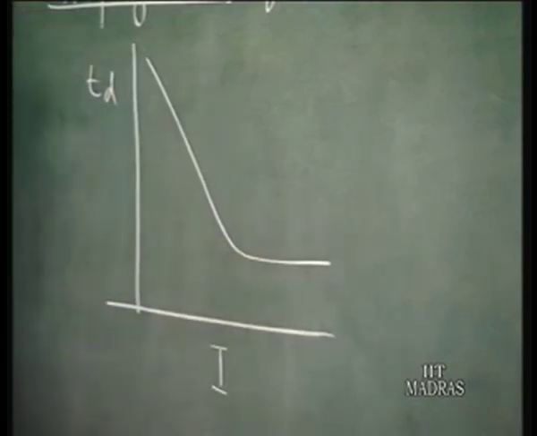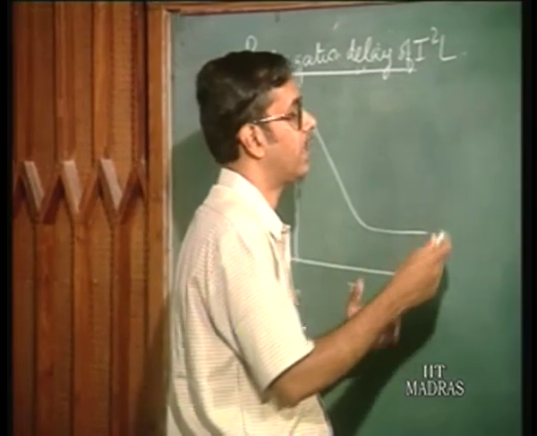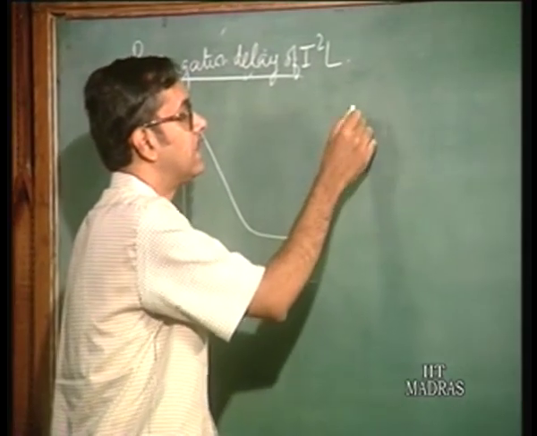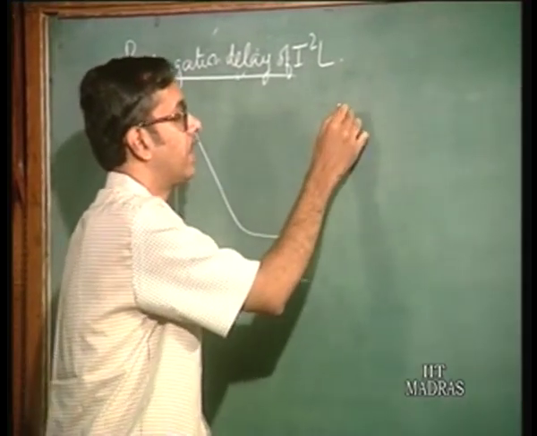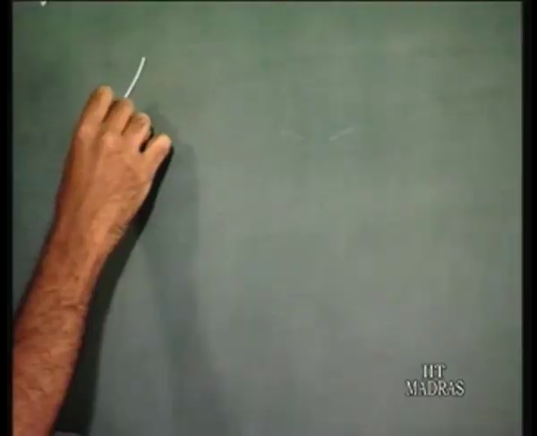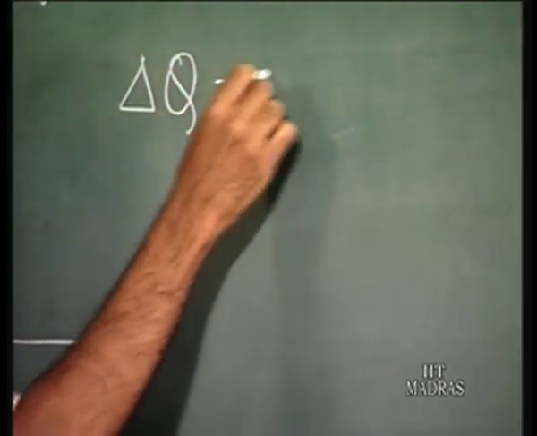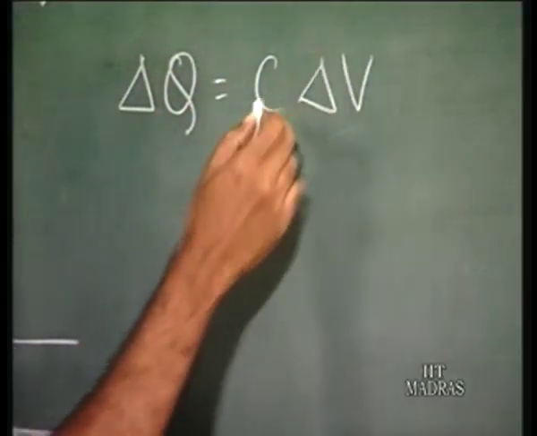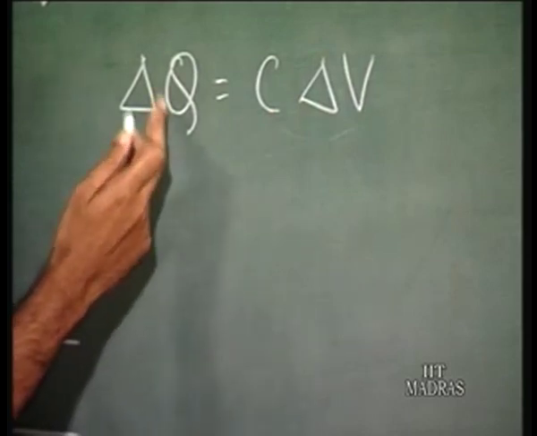That is because if you take a capacitance and find out how long it takes to charge or discharge, the basic relation is Q is equal to CV.